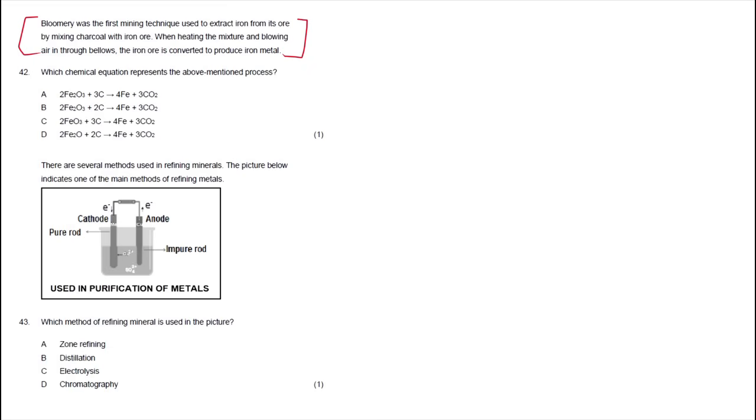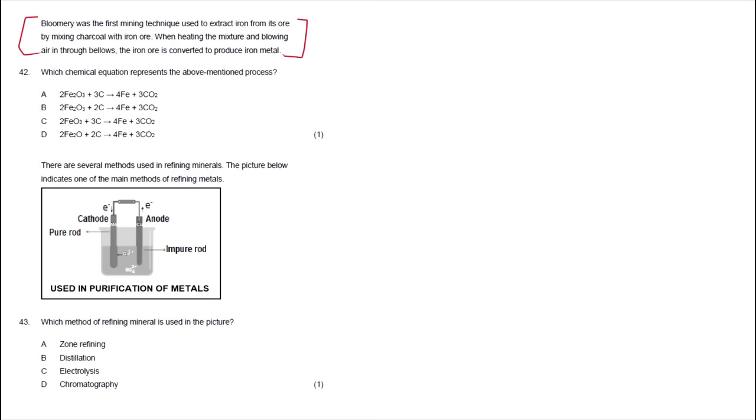So here we are told that bloomery was the first mining technique used to extract iron from its ore by mixing charcoal with iron ore, heating the mixture and blowing air in through bellows, and the iron ore is converted to produce iron metal.